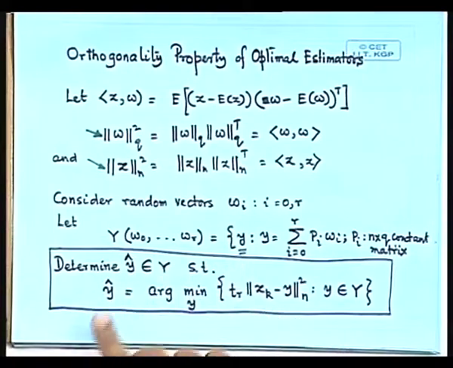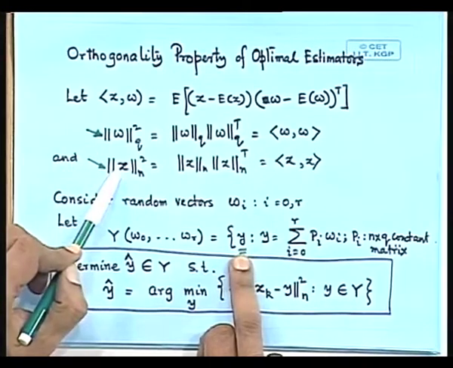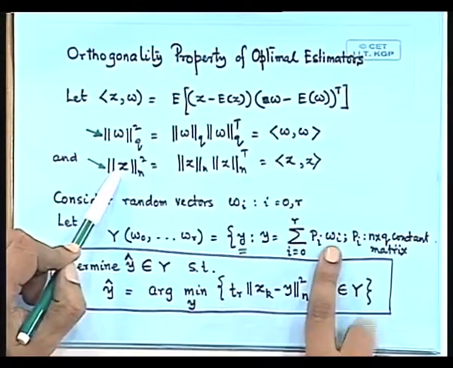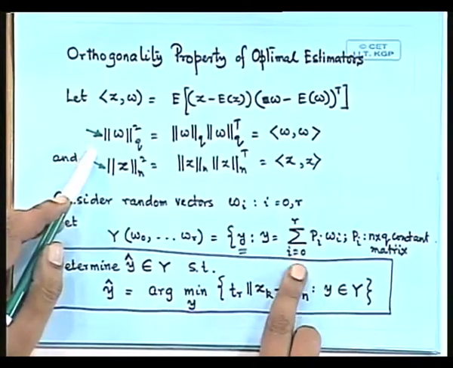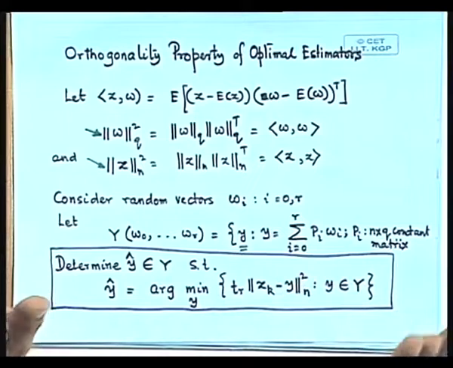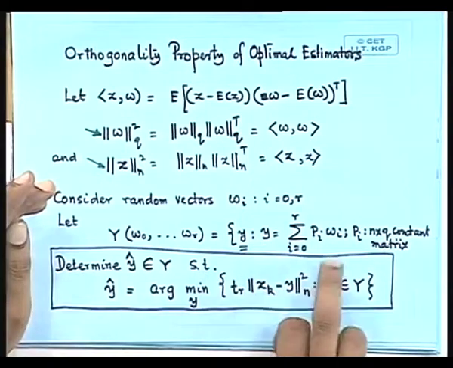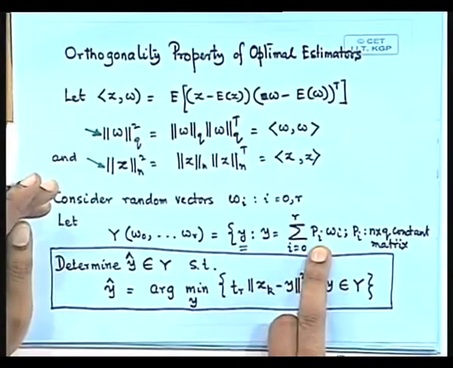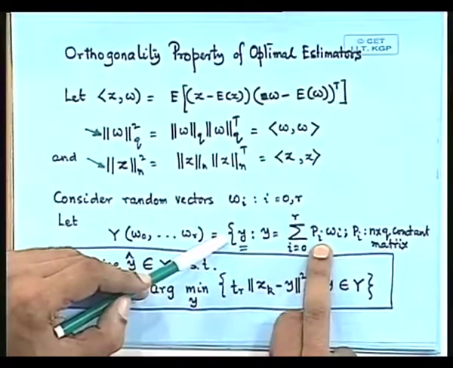So, I am trying to generate an estimate y of x using these w's, using all the w's from i equal to 0 to r, and I am using them in a linear fashion, in the sense that this y is constructed by multiplying these w with constant matrices pi, which have to be chosen in some suitable manner, so that this estimate is good. But it is a linear estimate, because I am multiplying each of these w's.